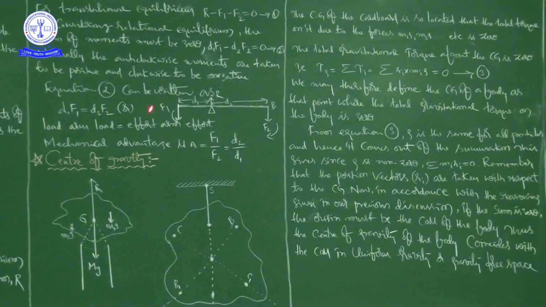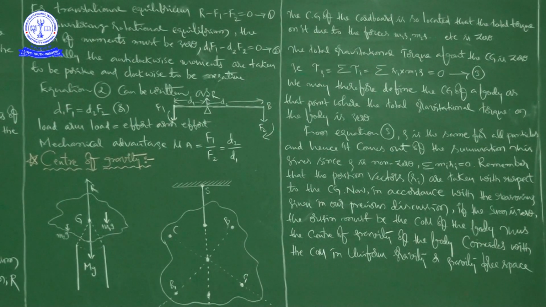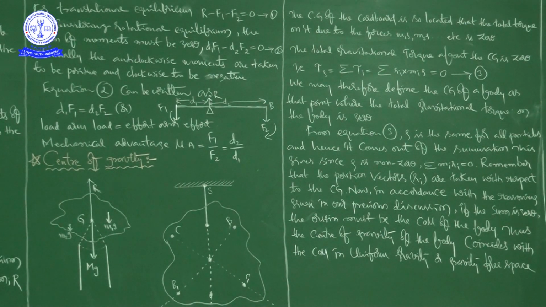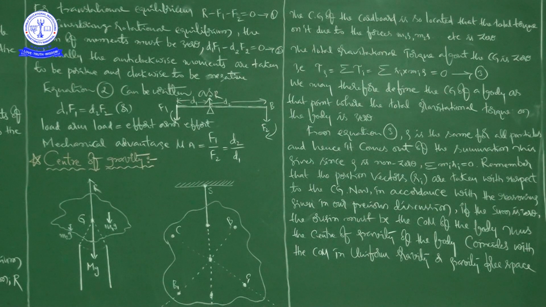Yesterday we discussed what translational equilibrium is and what rotational equilibrium is. For translational equilibrium, R minus F1 minus F2 is equal to 0, because this is R, this is F1, this is F2. Simply, I can write R minus (F1 plus F2) is equal to 0. This is for translational equilibrium.